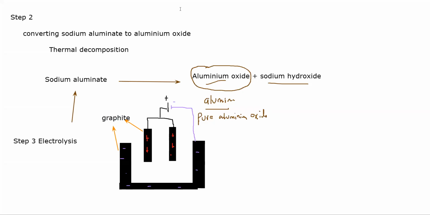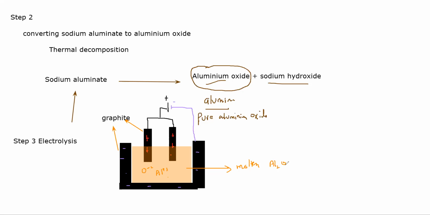Now we do electrolysis of molten aluminum oxide. What ions are present here? Aluminum and oxygen. We need molten aluminum oxide, which means in a melted state.